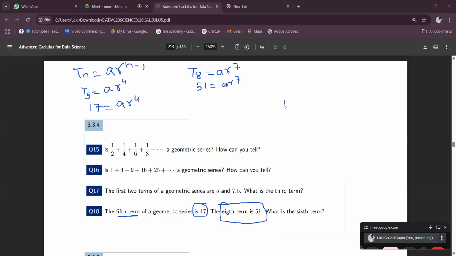So divide 51 by 17: ar^7 upon ar^4 equals 3. a cancels, so r^3 is 3. So r will be 3 to the power 1/3, which multiplies each term.